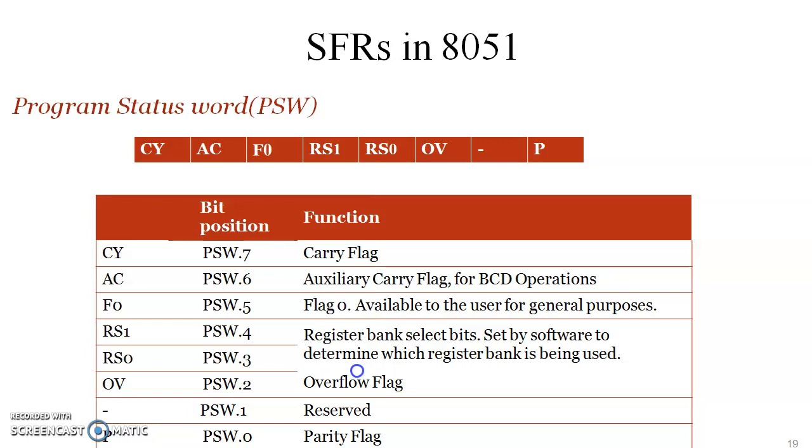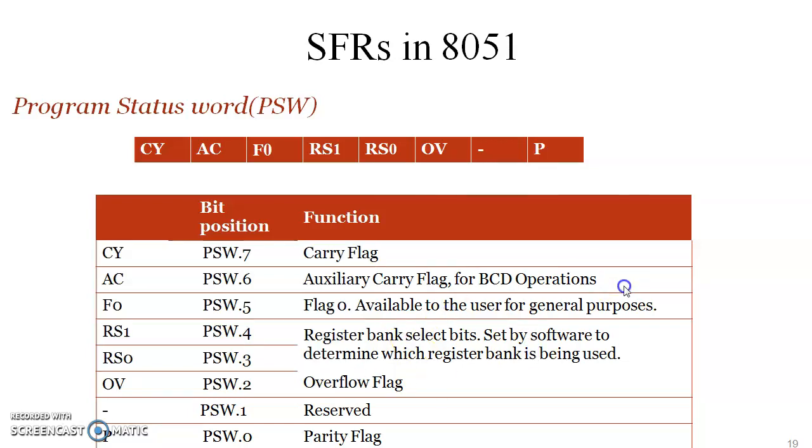Whenever you want to select a bank, it depends on these 2 bits. According to that, you can select the particular bank. Suppose you want to select bank 3, then RS1 and RS0 should be 1, 1. If these bits are 1, 1, then bank 3 will automatically get selected and the registers from bank 3 will be used for further operations.